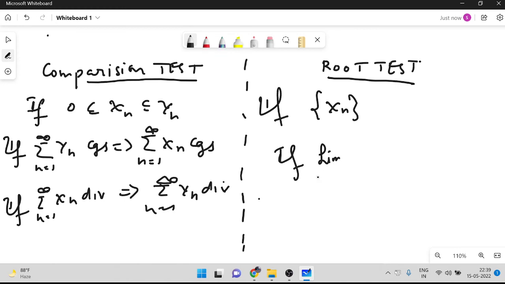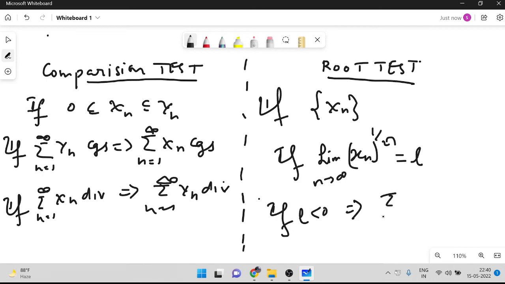And say if you have a sequence xn, and the limit as n tends to infinity of xn power 1 by n is equal to L. If L is less than 1, the summation converges.